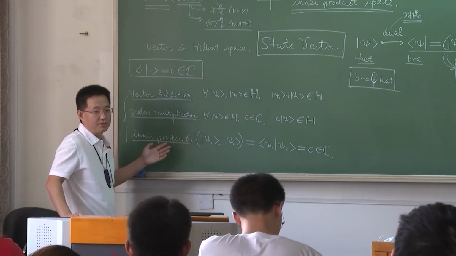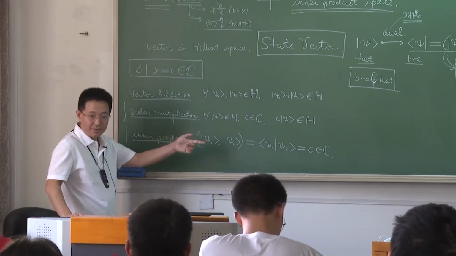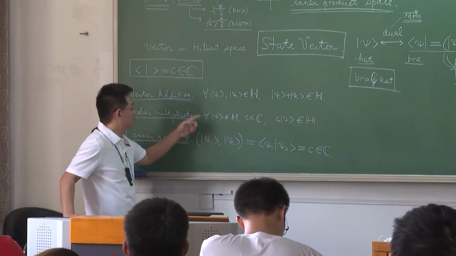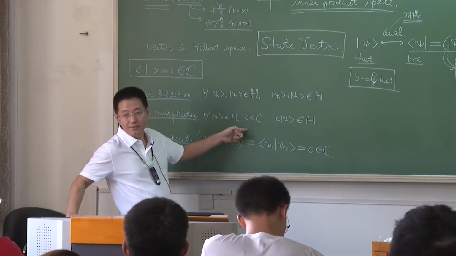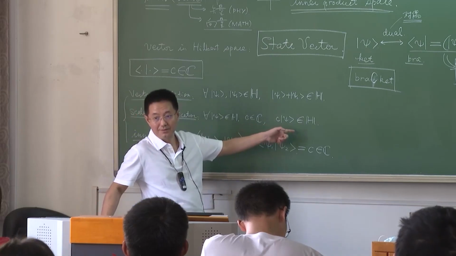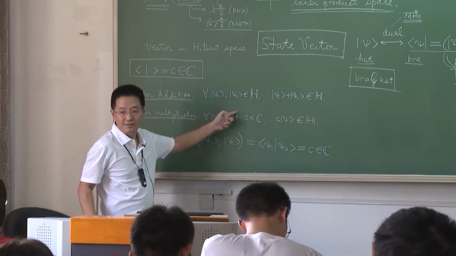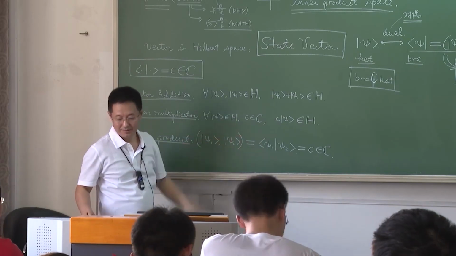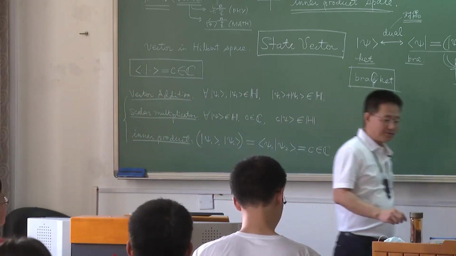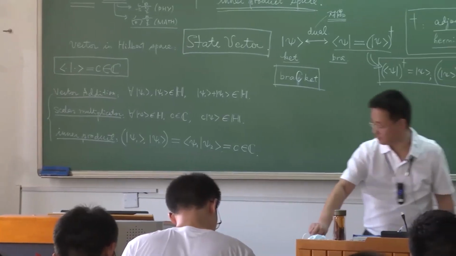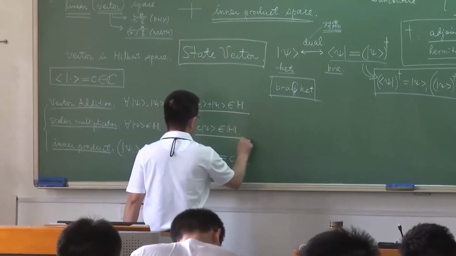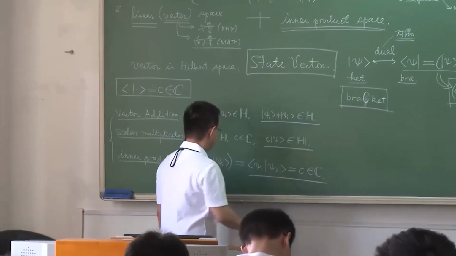So if you have the inner product of the two states, you get a number. If you have a scalar multiplication of one vector and a complex number, you get a vector. If you have two vectors and addition, you get another vector. Got it? So those are the definitions of some very basic operation rules.